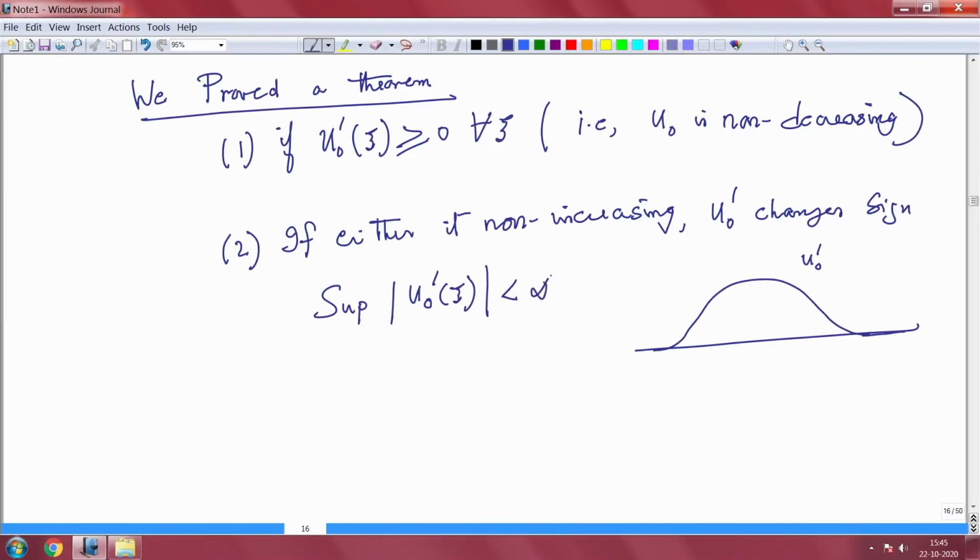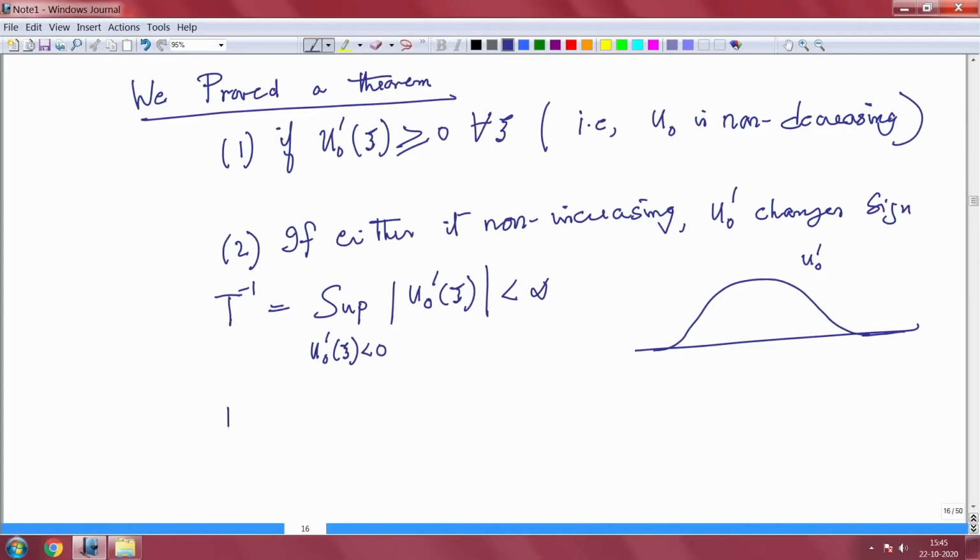I am not going to explain more, where u naught prime of psi is less than or equal to 0, and I call this t inverse, 1 over t, otherwise you take the other way.